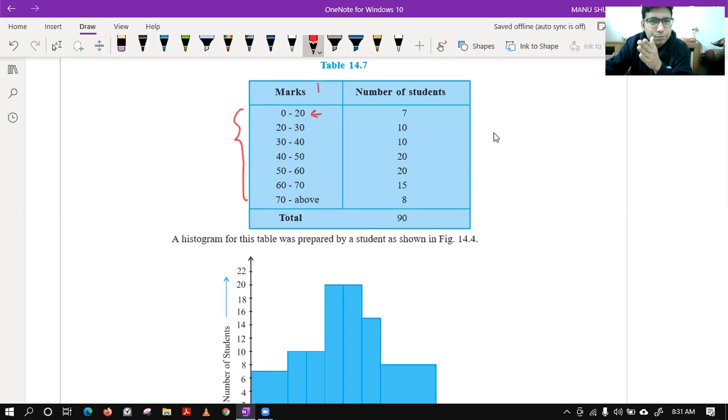So width. Let me make one more table to understand this thing. This time width is having some sort of variation. So width is 20 over here, width is 10 over here, 10 over here, 10 over here, 10 again, then this is 10 again, and this is 70 and above.